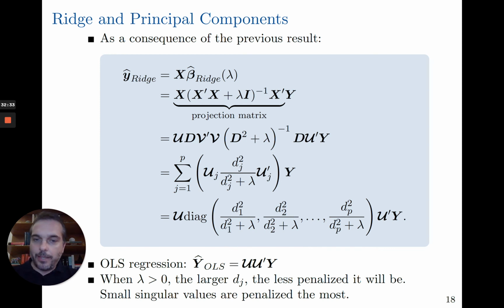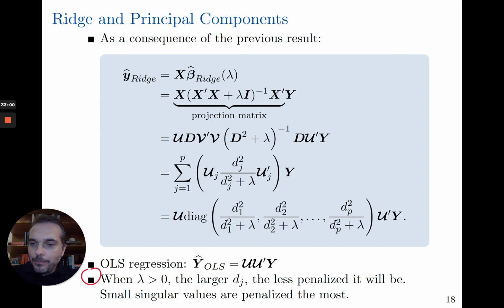Let's see in the second slide. It's related to this last bullet point here. What is it doing? The larger dj is, if this is really large compared to lambda, what's going to happen here?